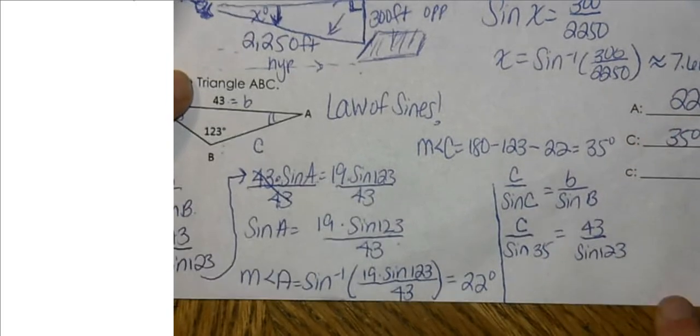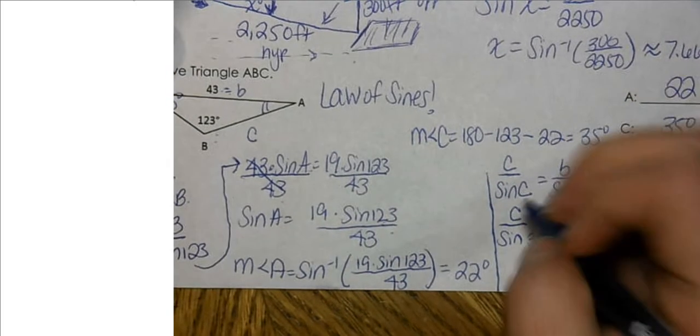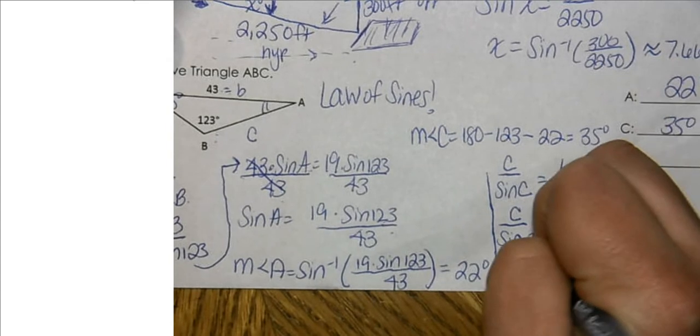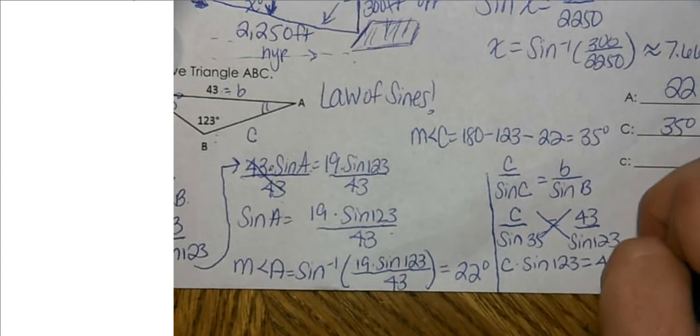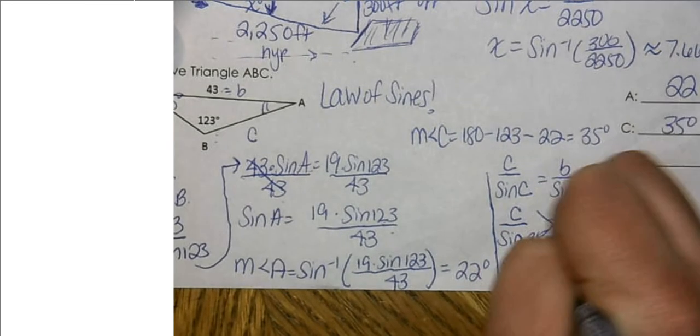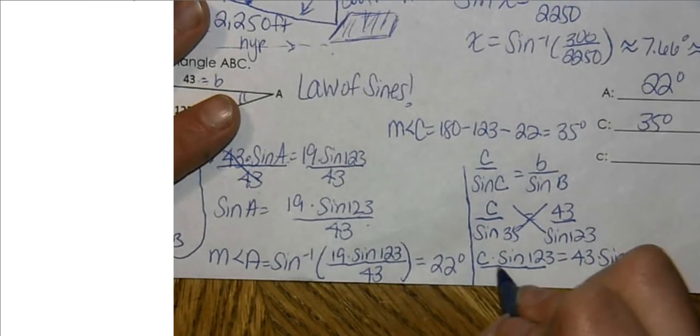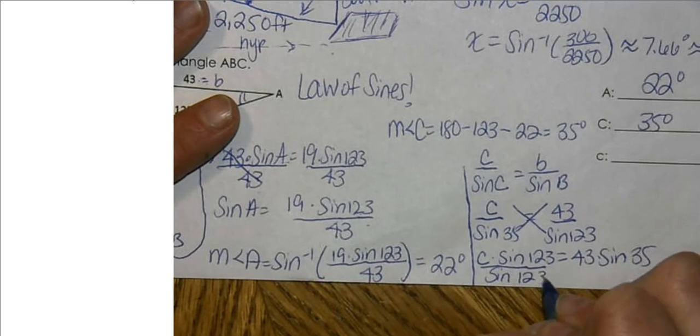And I'm going to use cross products so that I have c times the sine of 123 equals 43 times the sine of 35. I need to get c alone, so I'm going to divide both sides by the sine of 123.